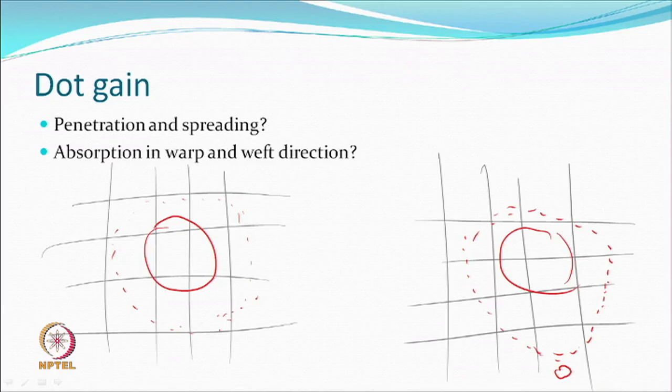And if that is so, then spread takes place. So if the spread takes place uniformly in all directions, this is one thing, and if it does not spread to the extent that it crosses and merges with the other drop, you are still there, except that, as you remember, if the drop size changes, the gray value will appear to change. But that is one part.